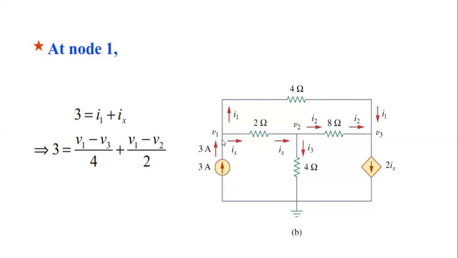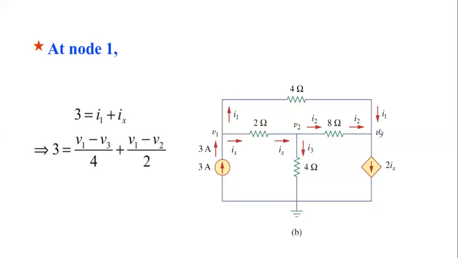Okay, so for node 1 we have written it like this: I1 will be written as V1 minus V3 by 4, because V1 is at higher potential and V3 is at lower potential, and the current is flowing from V1 to V3.